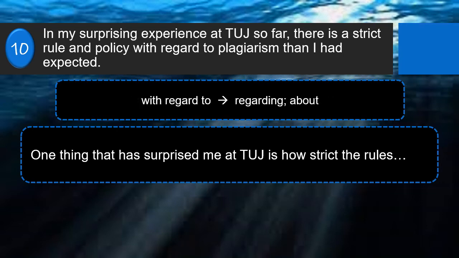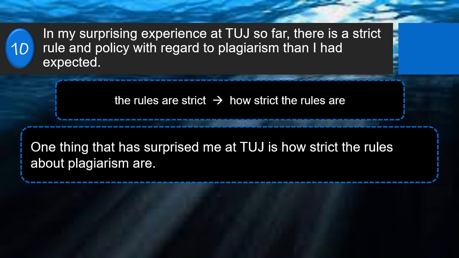Also, "with regard to" is correct, but simpler would be "regarding," or even simpler, even more informal, "about." The rules are strict becomes, as a noun clause, how strict the rules are. One thing that has surprised me at TUJ is how strict the rules about plagiarism are. It seems really weird to end a sentence with the be verb like this, but it is correct because it is a noun clause.